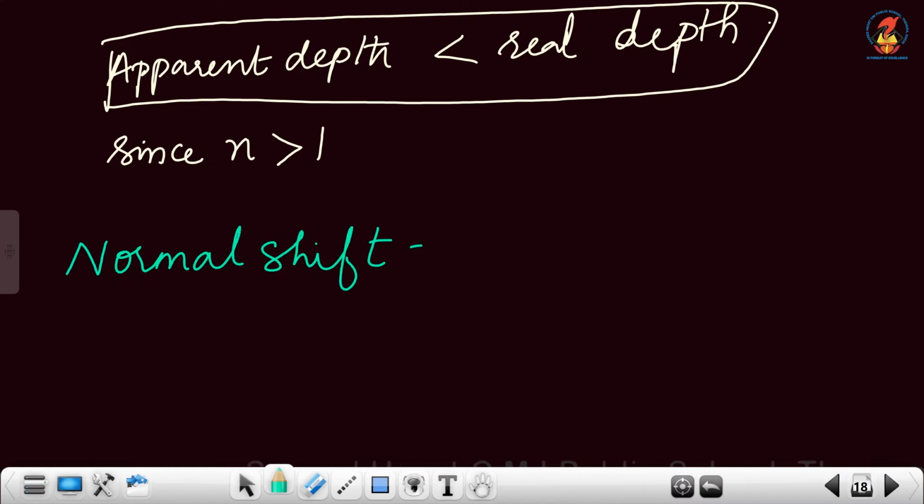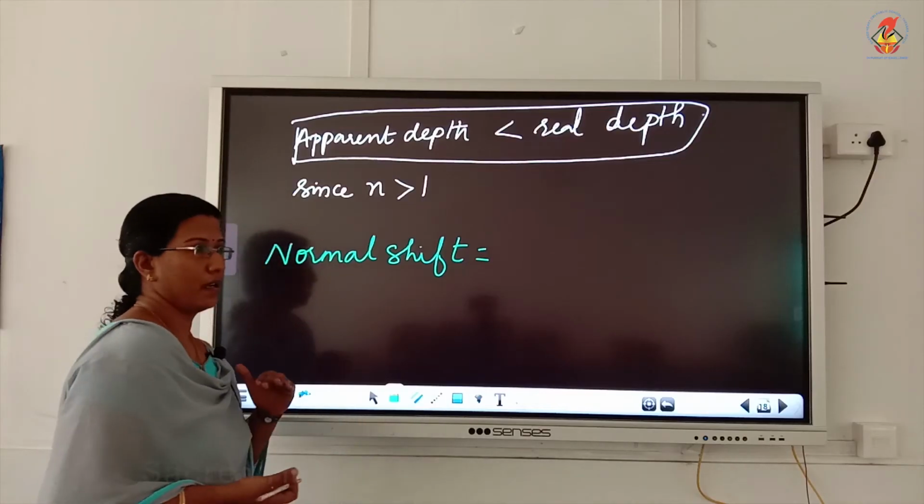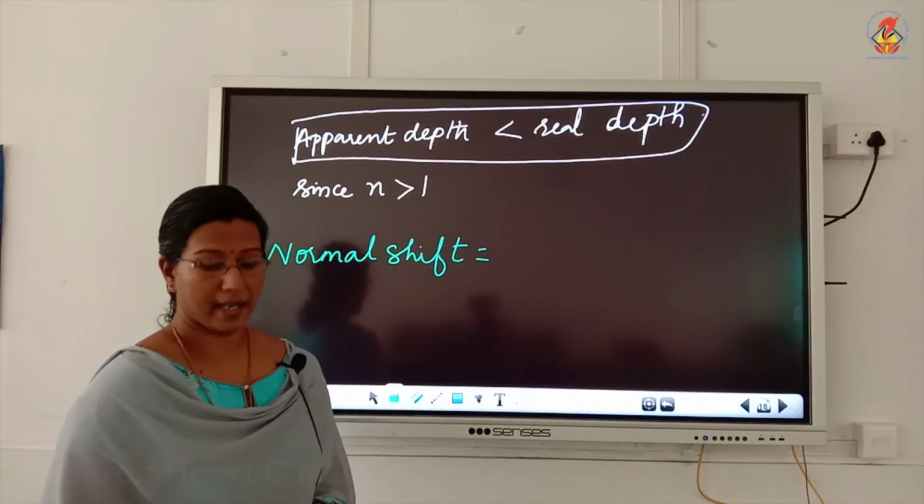Normal shift means it is the difference between real depth and apparent depth.